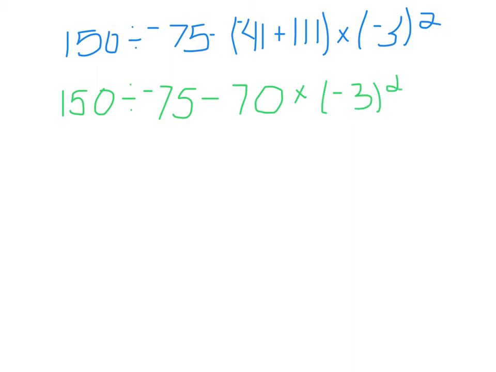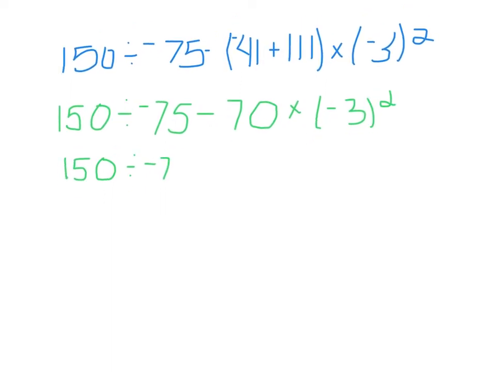So I've taken care of my parentheses. Next is my exponent. So I'm going to rewrite everything except my exponent. 150 divided by negative 75 minus 70 times negative 3 squared.